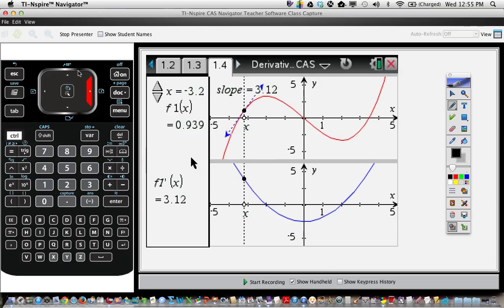Now, what I was talking about earlier, this is key. When we talk about the slope of a curve, what we're really saying is the slope of the tangent line at a certain point. I probably should have written this down here. Let's go back to that.